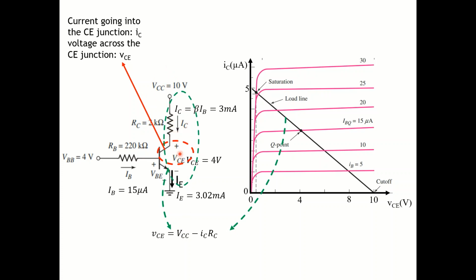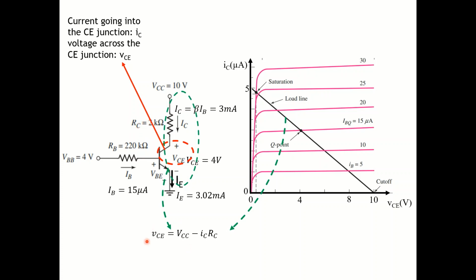In this loop, we can see that we have VCE equal to VCC, which is this one. So VC is the voltage across here. Technically, if you want to calculate this, it's this voltage minus the voltage across this resistor. So I will have VCC minus the voltage across this resistor. Using Ohm's law, I have IC multiplied by RC.